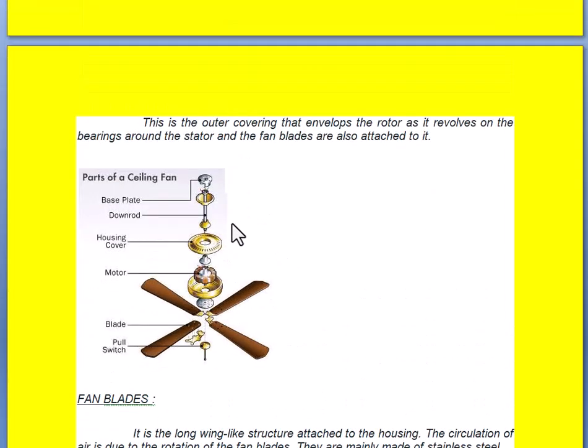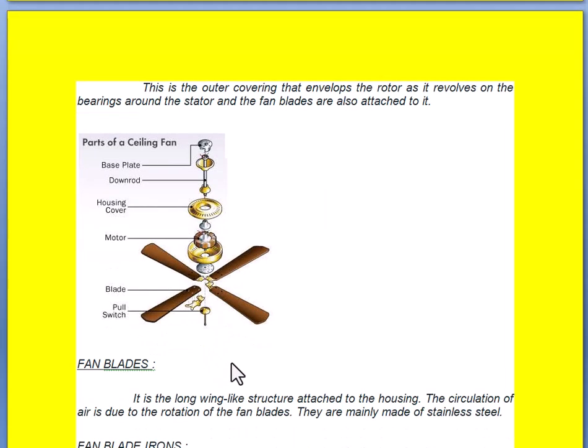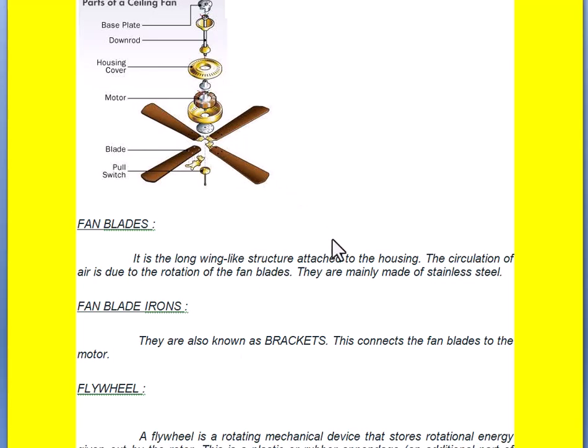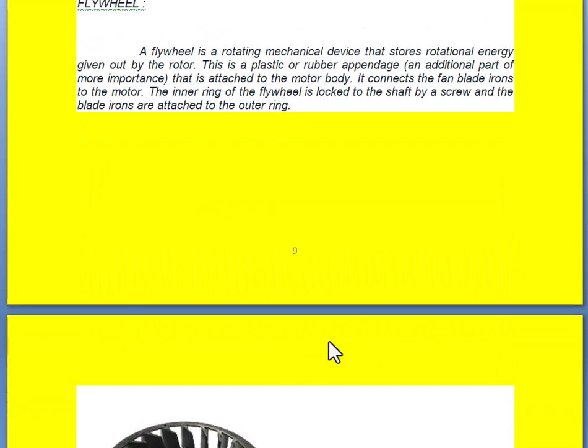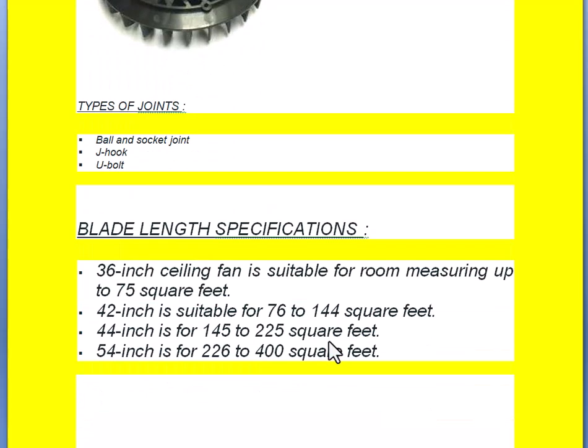Parts of ceiling fan are like this: base plate, down rod, housing cover, motor, and then blades. These are the blades, pull switch, etc. So the size of the wings depends upon the size of the room. If the room measurement is 75 square feet, the length of the fan is 36 inches.